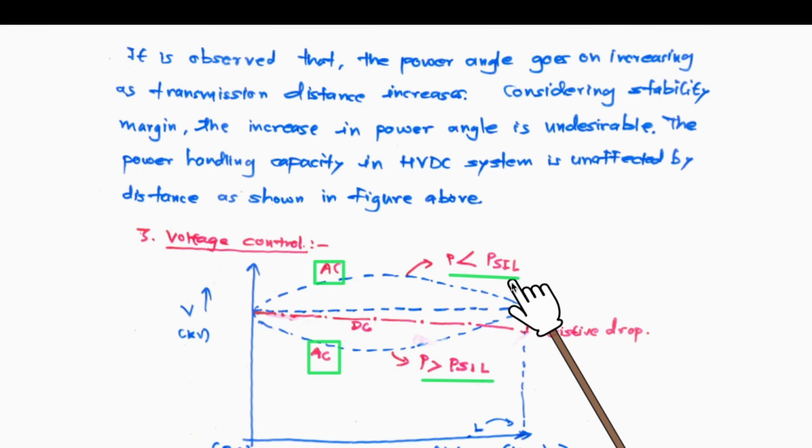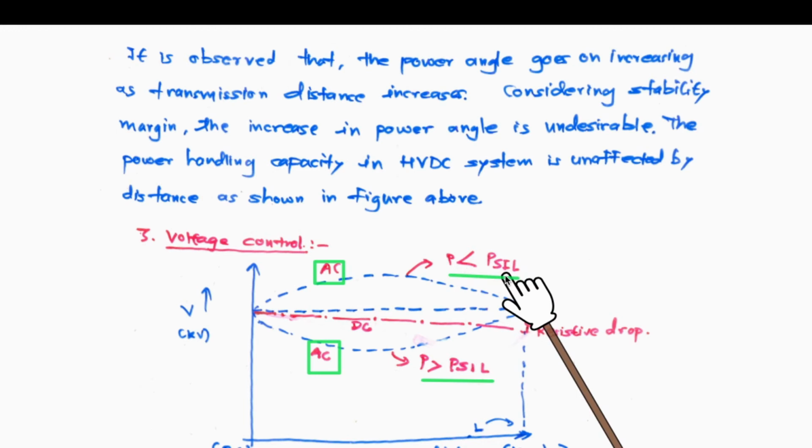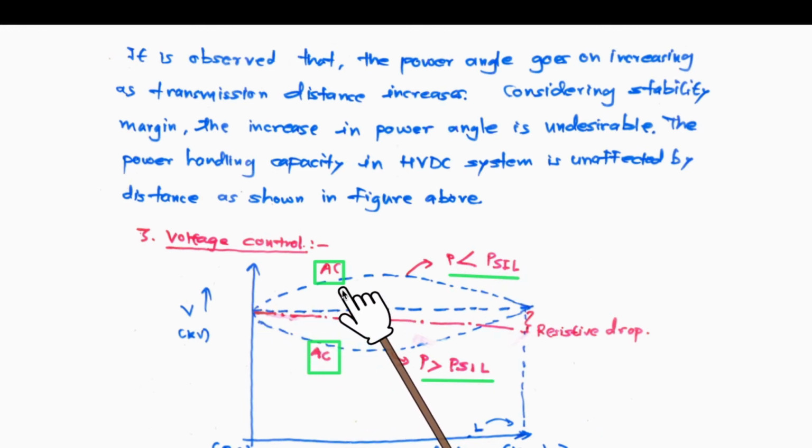If the load on the line is less than the surge impedance loading, then the AC voltage increases in the middle of the transmission distance.